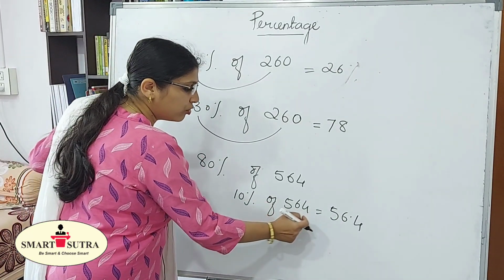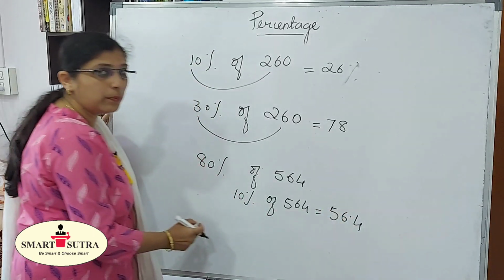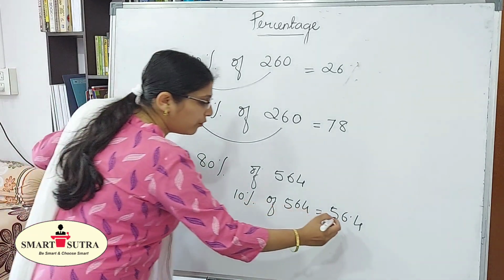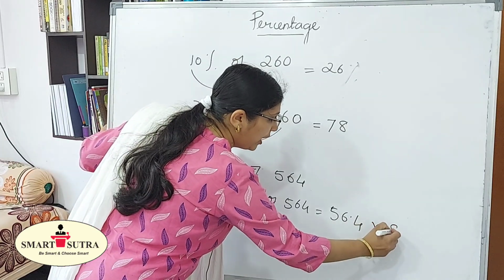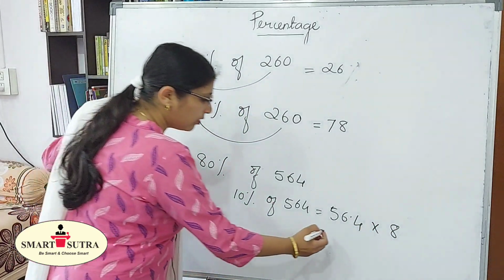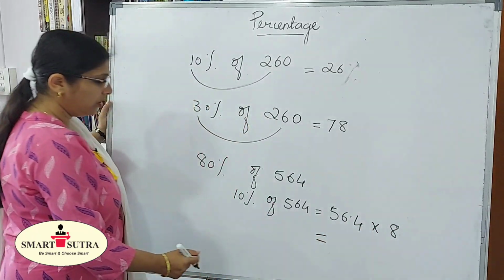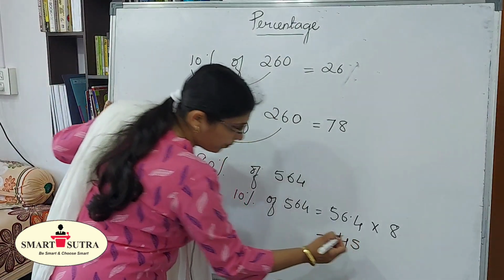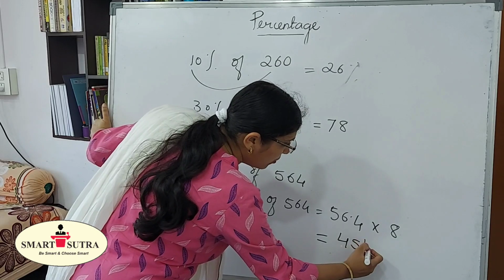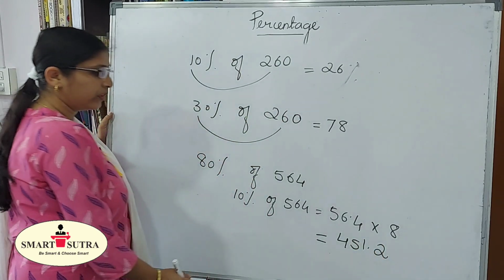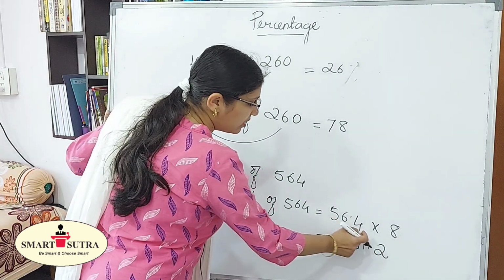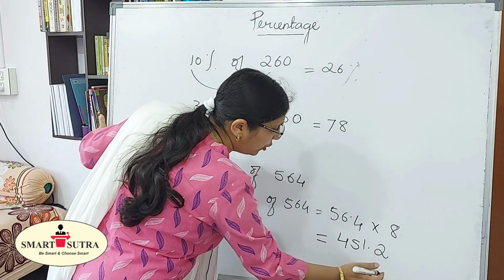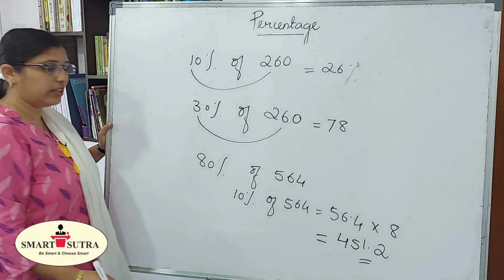So 10% of 564 is 56.4. We want 80%, so what do we have to do? Multiply this by 8. When we multiply 56.4 into 8, it is 451.2. So this will be easier.